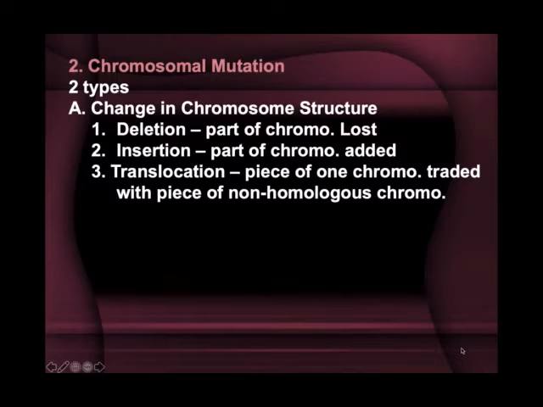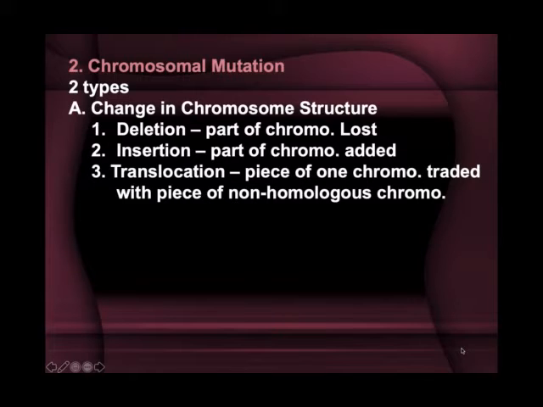So there are two types of chromosomal mutations. The first type is a change in the structure of the chromosome. Now remember, just snipping off a piece of an arm of one of the chromosomes is basically getting rid of a whole chunk of DNA, which might be hundreds, if not thousands, of different recipes for proteins.